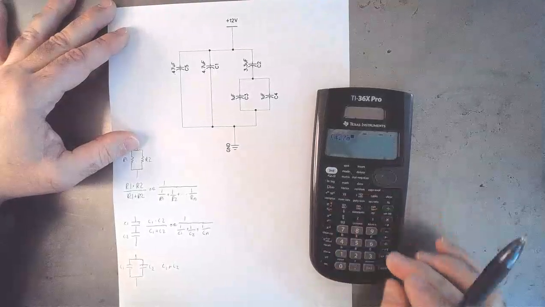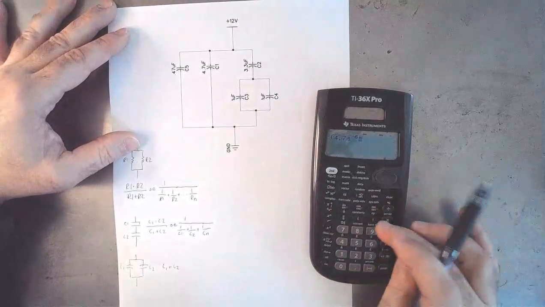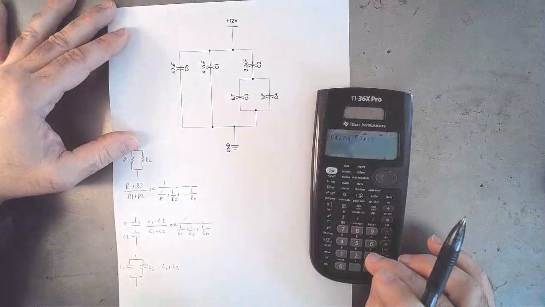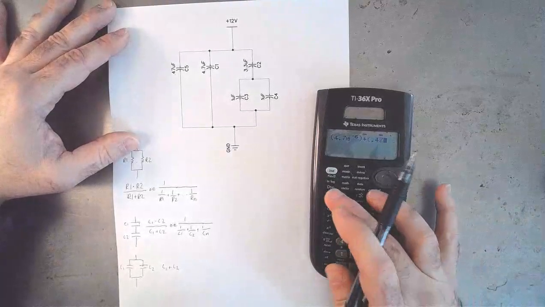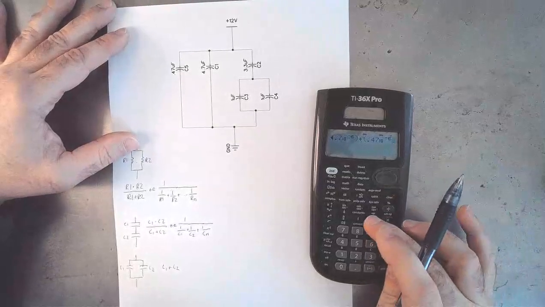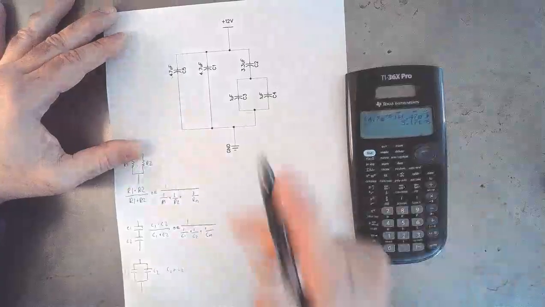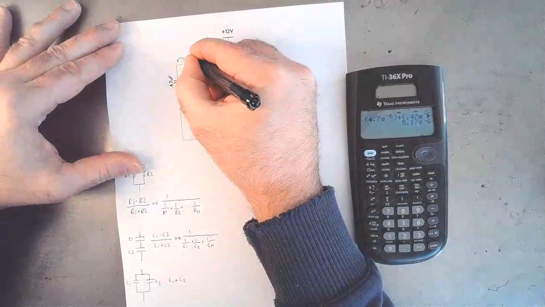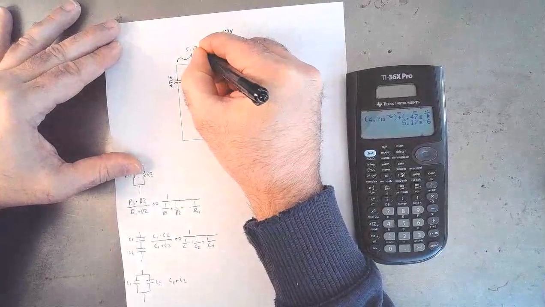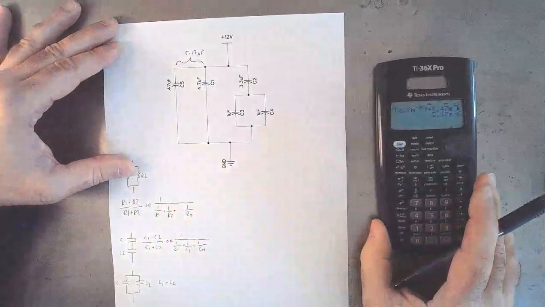So 4.7 microfarads plus 0.47 microfarads is 5.17 microfarads. I'm just going to write that right here: 5.17 microfarads. That's just these two.